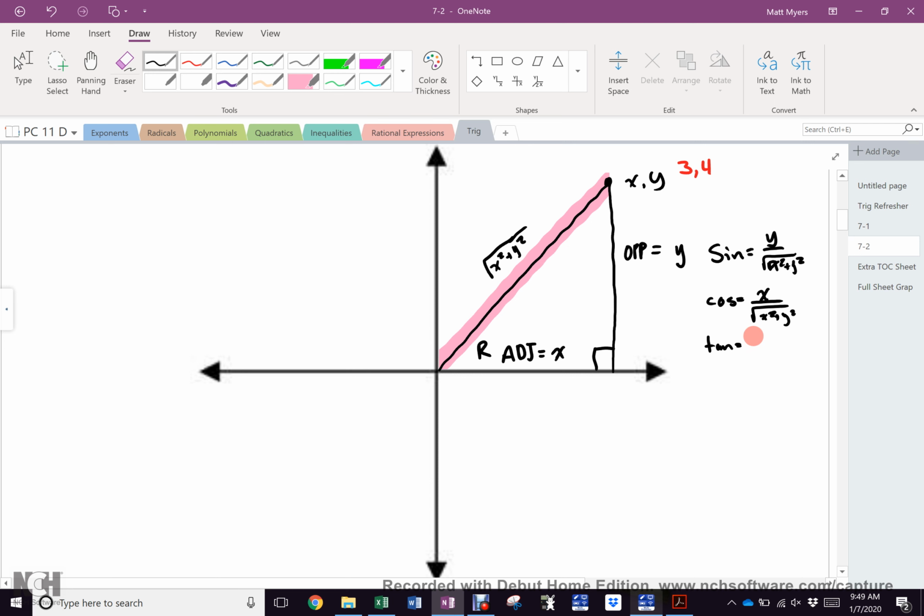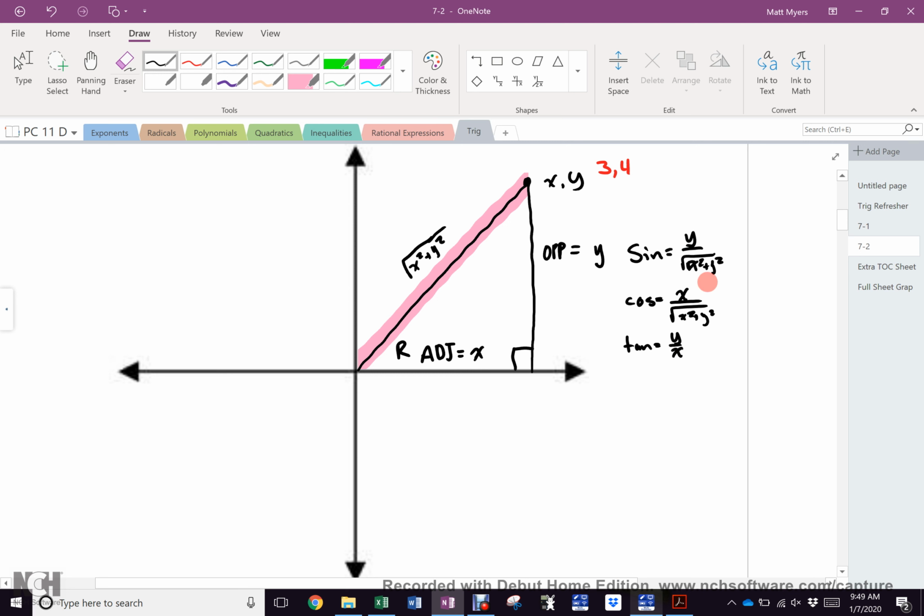Y over x. Now, what are those values? What's our y value? 4 over, what's 3 squared plus 4 squared? 9 plus 16? 25. Square root of 25. So what goes here? 5.